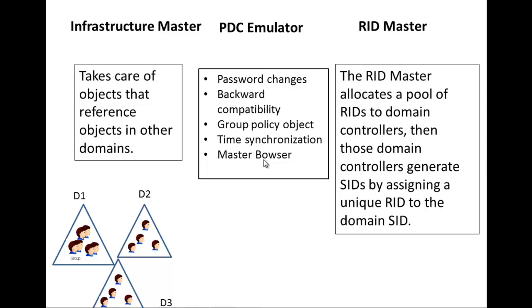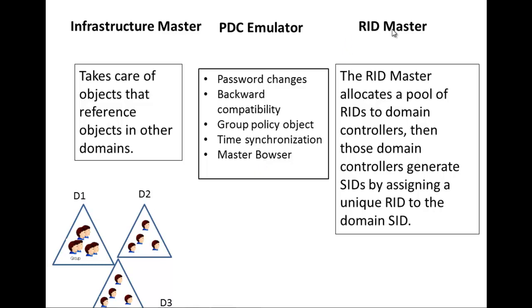There must be a PDC emulator in every domain. And that PDC emulator role is held only by one domain controller in the domain. If it fails, then all normal operations and users will be immediately impacted. So this role must be available at all times.